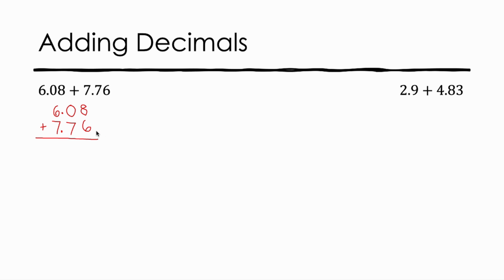So let's do this. 8 plus 6 is 14, so there's our regrouping. 1 plus 7 is 8, and 6 plus 7 is 13. Now, where do we place the decimal point? Again, we need to place the decimal point where these are lined up. So we place it here.